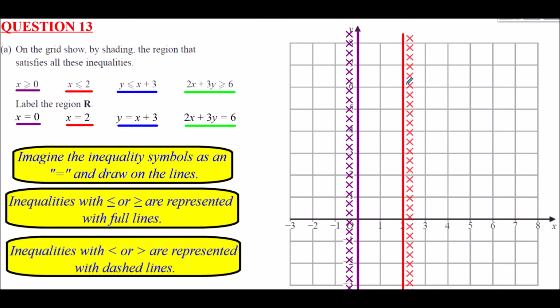So something like this. Now the blue line, y equals x plus 3. That's going to have a gradient of 1, because it's just y equals 1x. And it's going to cut the y-axis when y is equal to 3. This is the y-intercept. So this blue line is going to look something like this. Then return and consider the inequality. y is smaller than x plus 3.